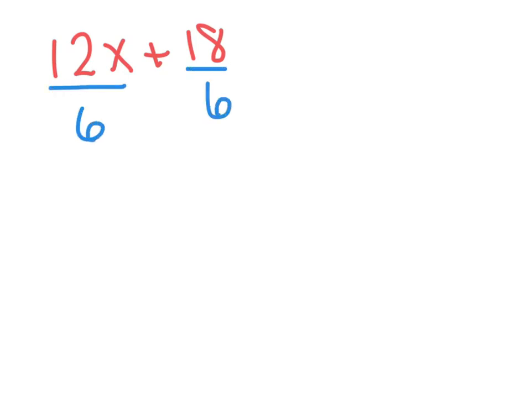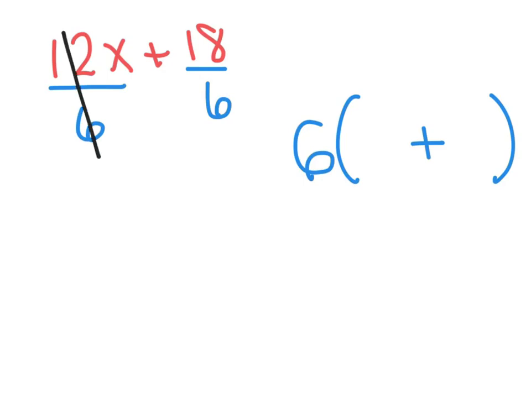I just want to show you one more way to think about 12x plus 18 once you found that your greatest common factor is 6. So if I've already identified that I can divide both of these numbers by 6, the number I divide by goes on the outside of my parentheses. 12 divided by 6 is 2x, 18 divided by 6 is 3.